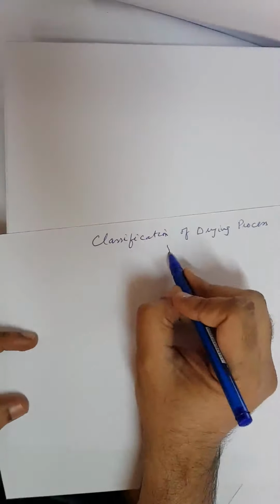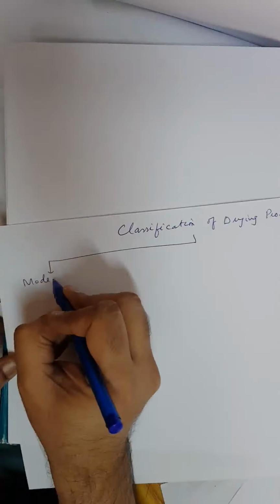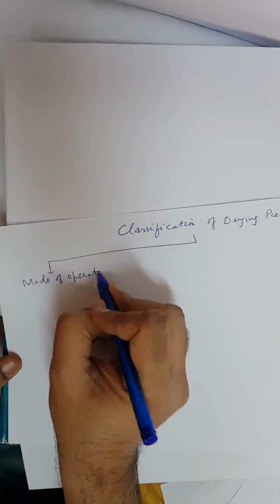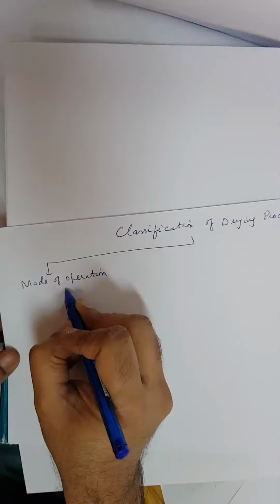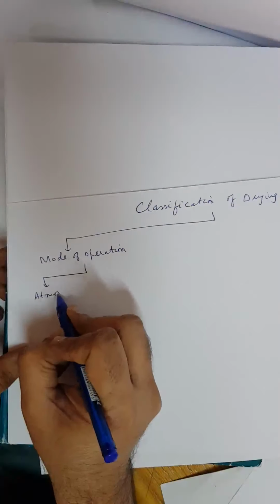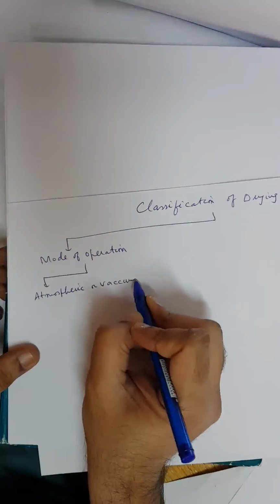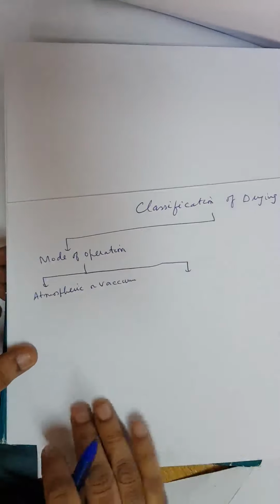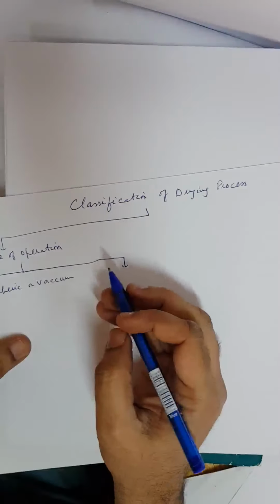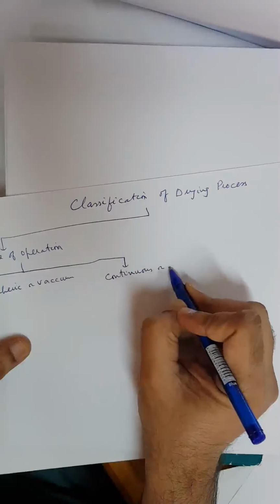One is based on mode of operation, which includes atmospheric or vacuum. The second one is either it's continuous or batch.